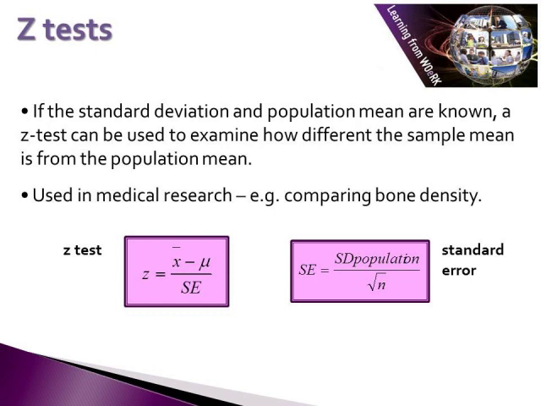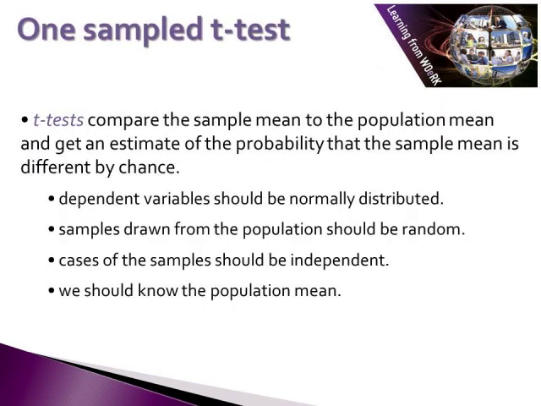If we don't know the standard deviation of the true population and we can't use a z-test, we actually use something different. We use what we call a t-test. So here we're going to have a look at the alternative, which is what we call a one-sample t-test. Now, a t-test uses the standard deviation of the sample to estimate the population standard deviation, so we work the other way round.